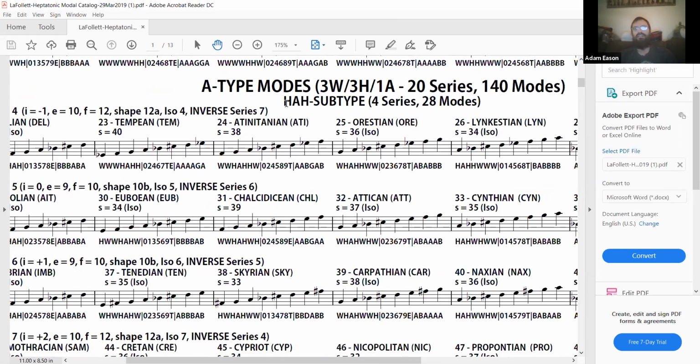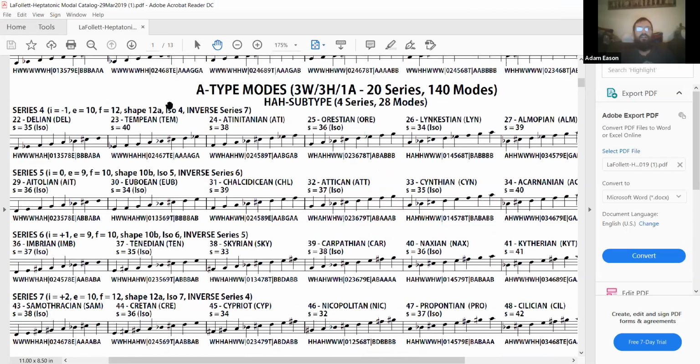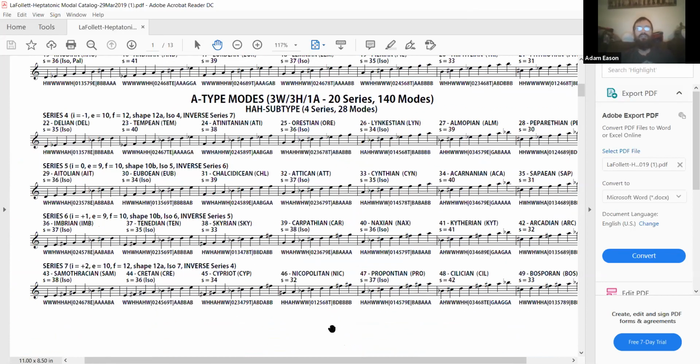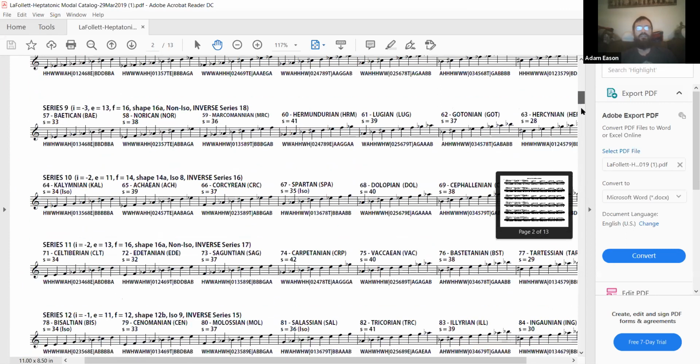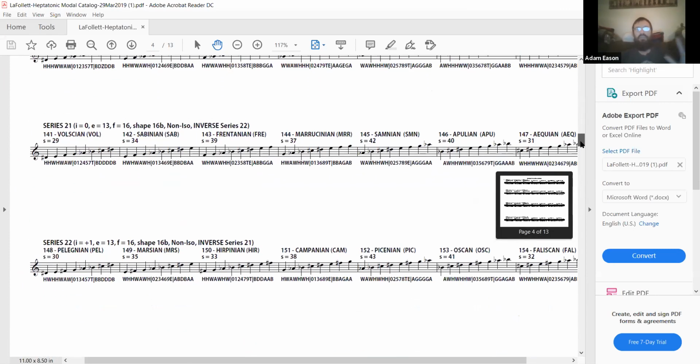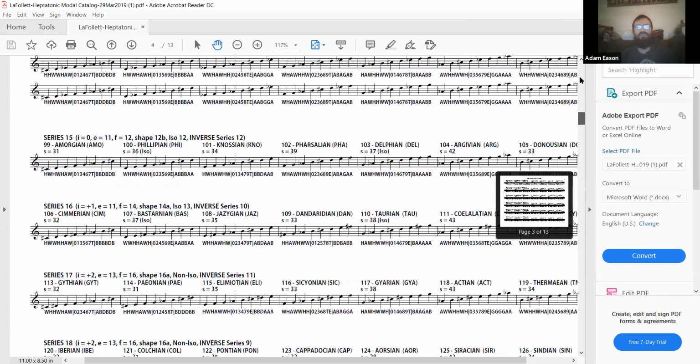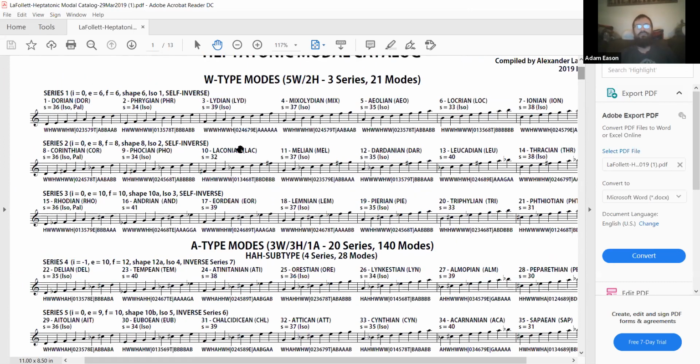And then he has subtypes by, in this case, the order of steps around that augmented step. And then all of them are organized similarly. That started to help at least break down these big groups, but it was still a lot.